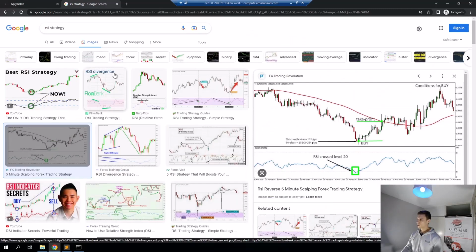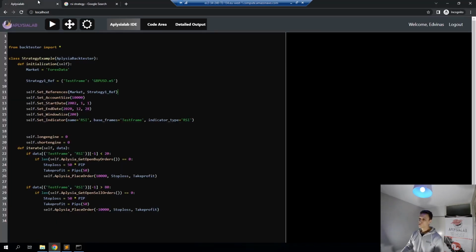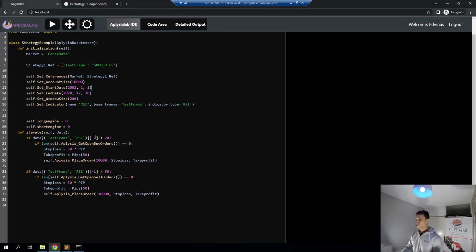So you can see here, this is what people look for, and they look for a kind of divergence against price, and trade in the opposite direction when it's overbought or oversold. I prepared a script here for pound dollar 5 minute, and when it is less than 20 we buy, and when it is greater than 80 we sell.